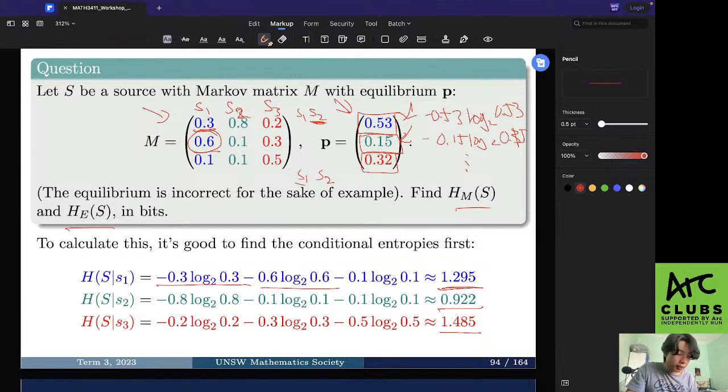So the reason our Markov entropy is less than our equilibrium entropy is since we know a lot more from our Markov matrix, we are a lot less surprised when something that seems unlikely with just the equilibrium happens.